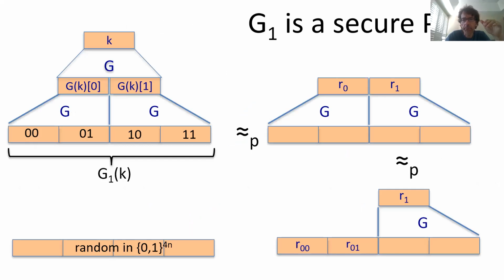So for depth 2, it was a hybrid argument that replaced the top with fully random strings and then replaced each of them in the end, through this hybrid of 3 steps, and argued this whole output is indistinguishable from a random string.